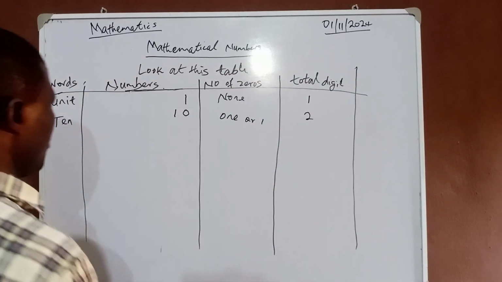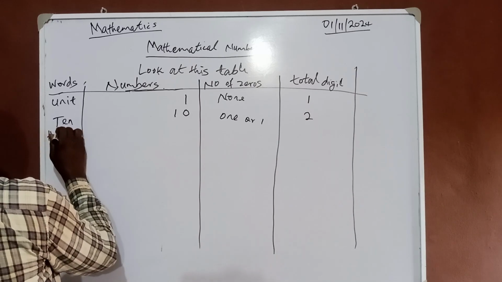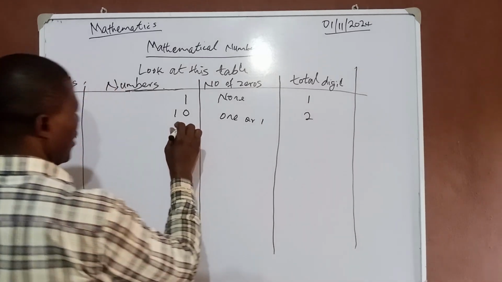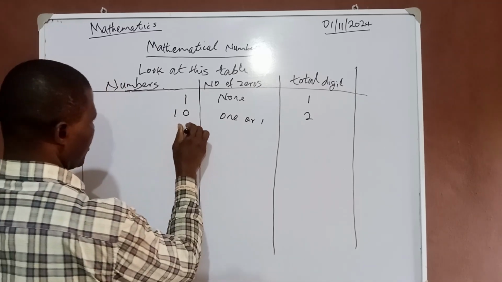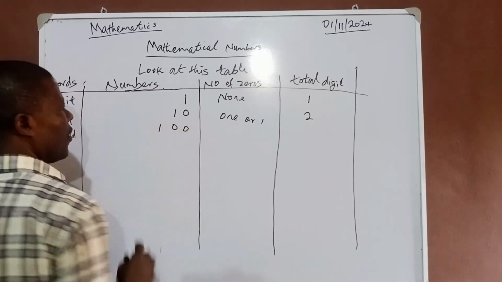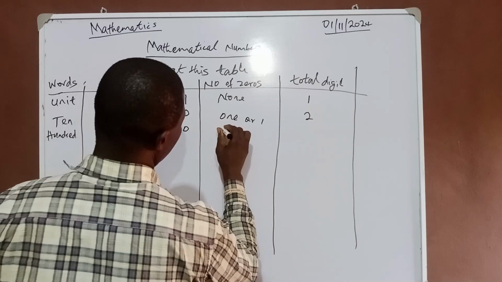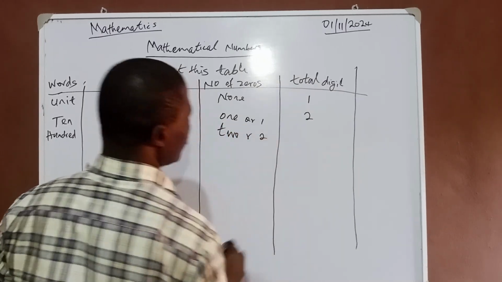As you move ahead, the next one is 100. And how to write the 100: you write 0, 0, 1. So number of zeros, 1, 2, which is 2.